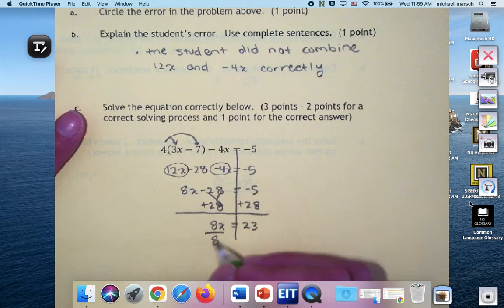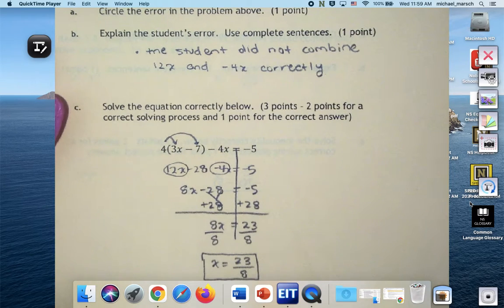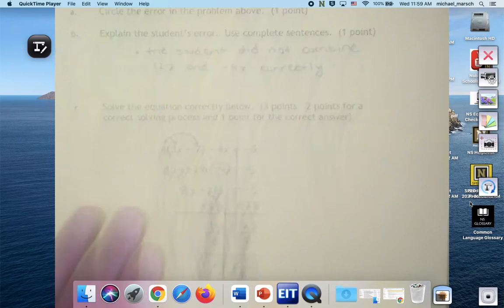Divide by 8. And this is my ugly answer, 23 over 8.